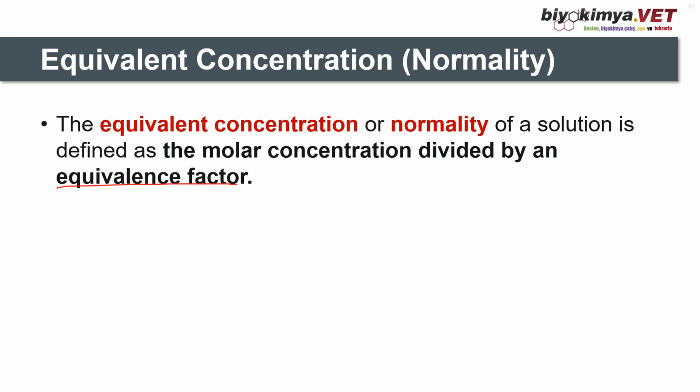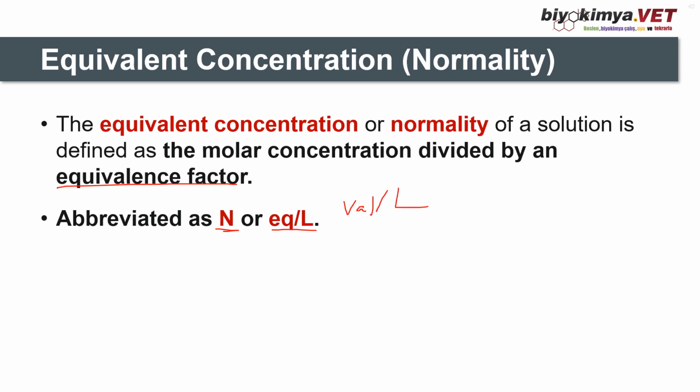In another expression, solutions containing 1 equivalent gram of substance per liter are referred to as normal concentration, as seen here. An abbreviation is the capital letter N, and equivalents per liter, or sometimes valence per liter.